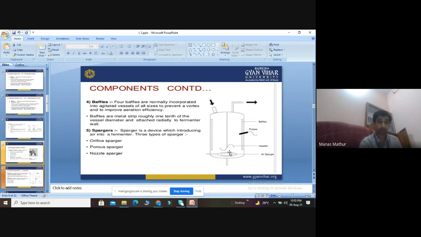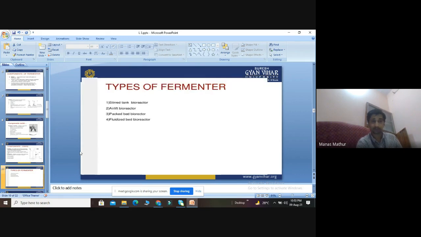Then we discuss the various types of fermenter. Normally, in the field of industrial microbiology, we go through mainly four types of fermenter. Bioreactor and fermenter are the same thing.